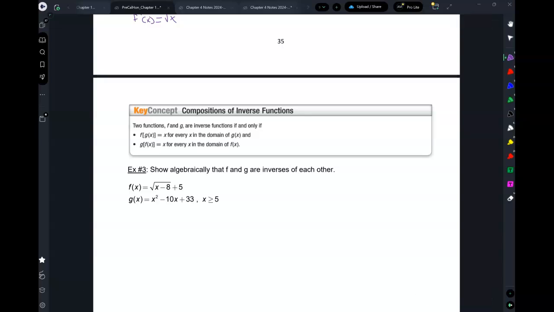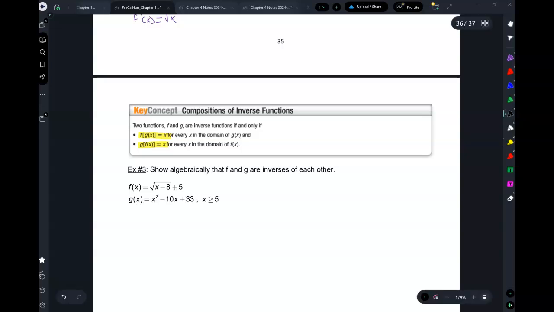Okay, now, I always forget to change this. Okay, so composition of inverse functions. So the theorem says, if two functions are inverses of each other, then f of g of x is equal to x, g of f of x is equal to x.